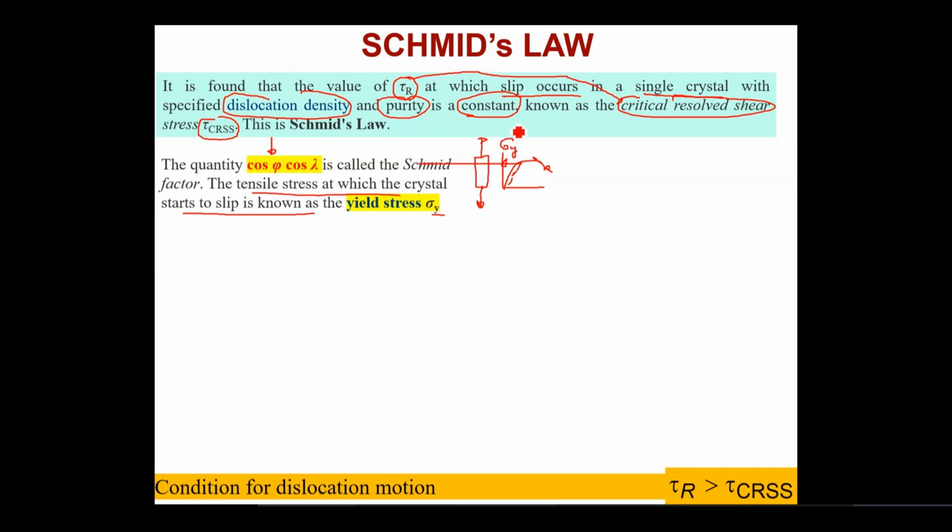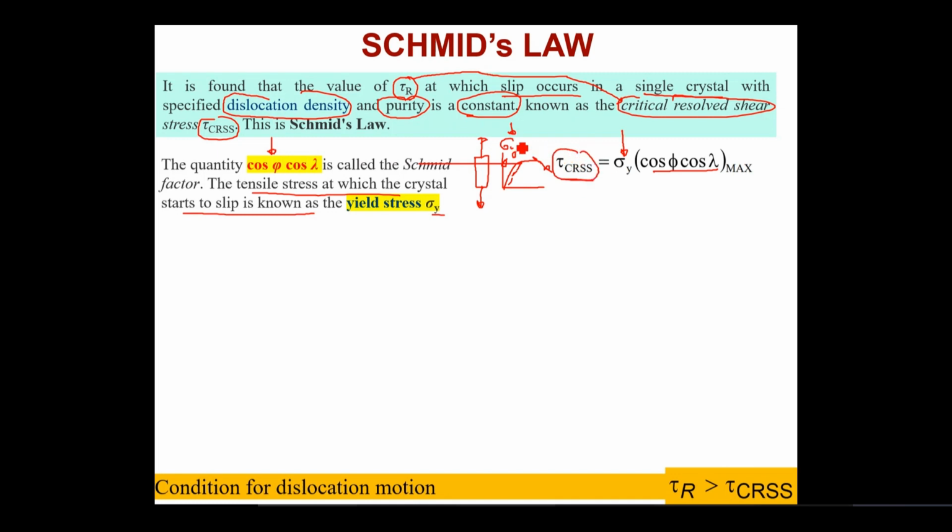This is the value at which plastic deformation actually starts. So for the critically resolved shear stress, you have this value at which the plastic deformation starts. This multiplied by the maximum value of the Schmidt factor would give you the critically resolved shear stress value.